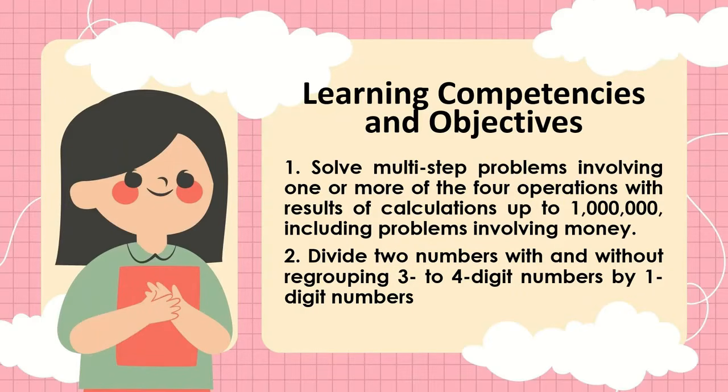For the learning competencies and objectives, first, solve multi-step problems involving one or more of the 4 operations with results of calculations up to 1 million, including problems involving money. Second, divide 2 numbers with and without regrouping, 3 to 4 digit numbers by 1 digit number.